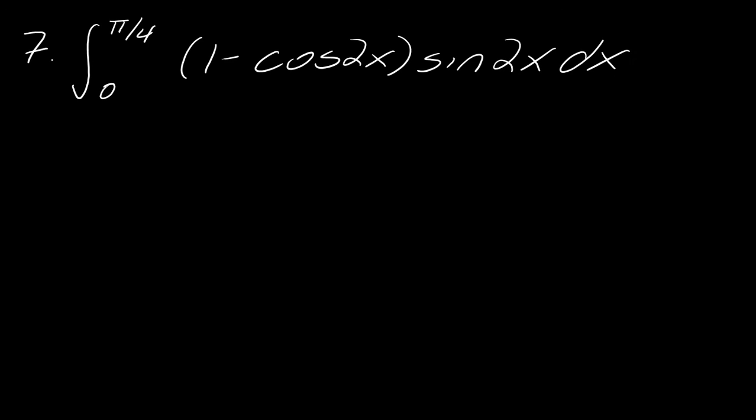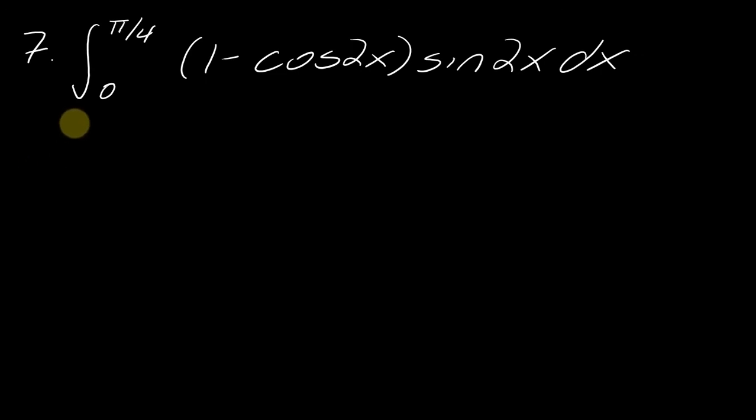Okay, so for number 7, now I've got a definite integral here going from 0 to pi over 4. This is 1 minus cosine of 2x times sine of 2x. So here's another case where you're going to have to use substitution.